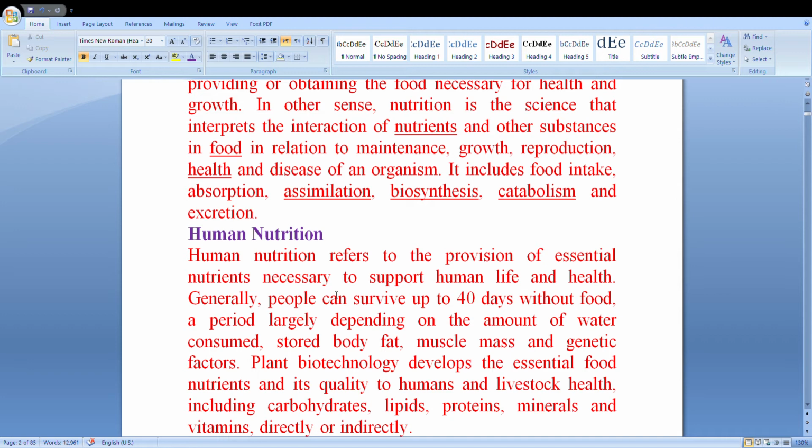Plant biotechnology develops the essential food nutrients and their quality for human and livestock health, including carbohydrates, lipids, proteins, minerals, vitamins, directly or indirectly.